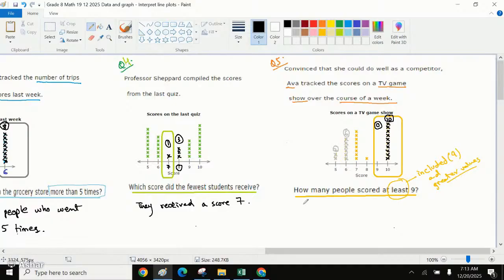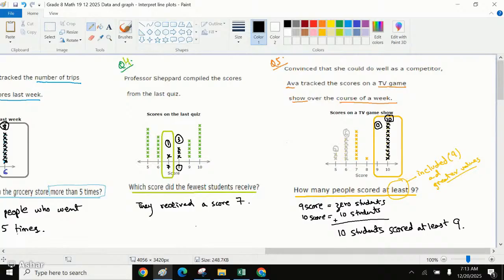So 9 score was by 0 students and 10 score was by 10 students. So we need to add the number of students. That means total 10 students scored at least 9. Agreed? Let's move on to the next one.